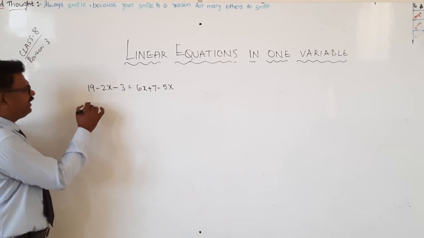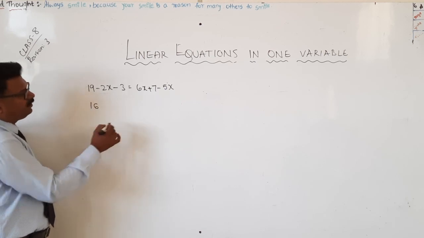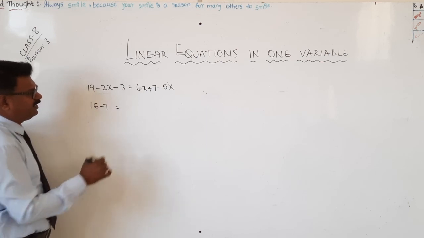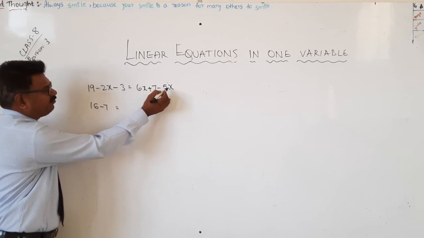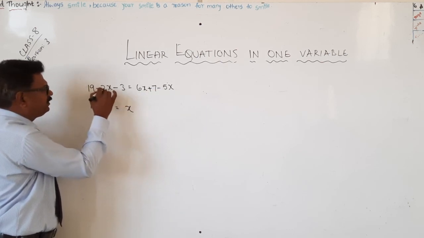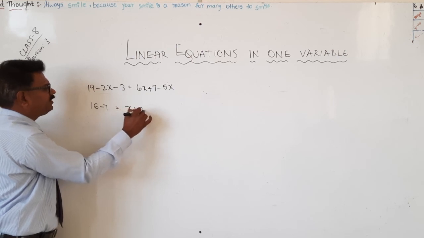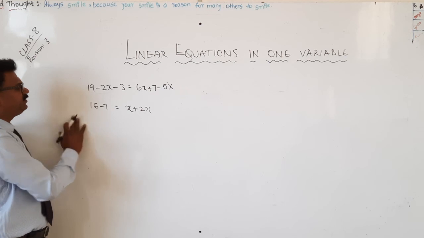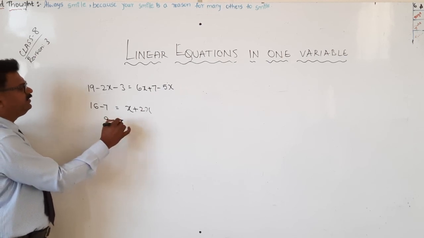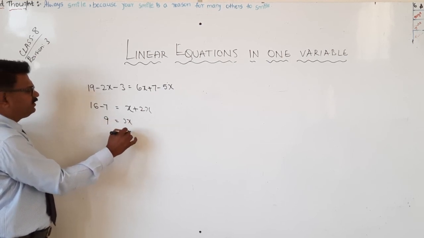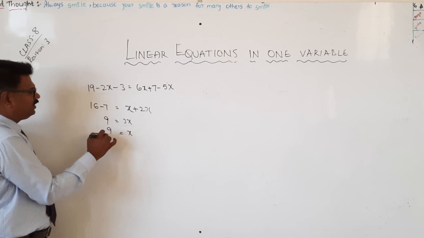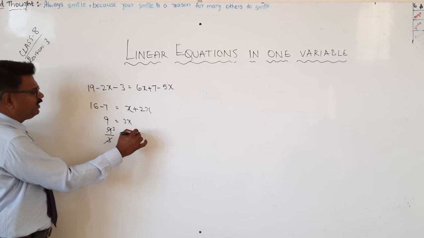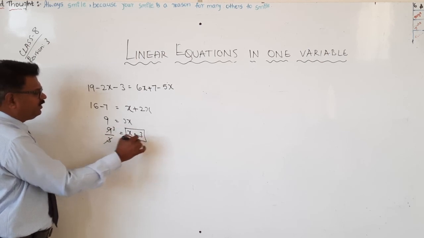Now 19 minus 3 is 16, minus 7 as it comes here. Now 6x minus 5x is x, minus 2x means plus 2x. Now 16 minus 7 is 9 equal to 3x. Therefore x equal to 9 divided by 3, 3 3s are 9, therefore x equal to 3.